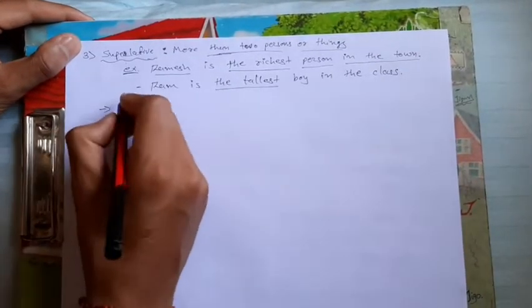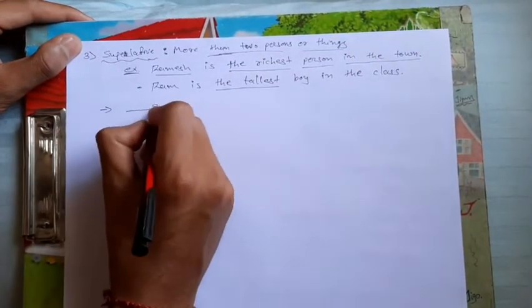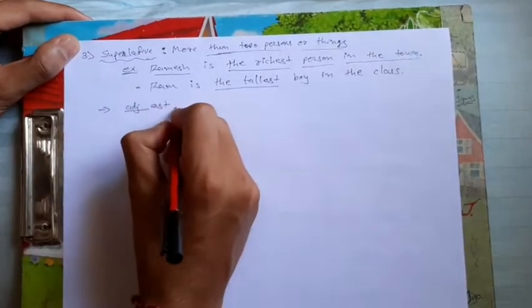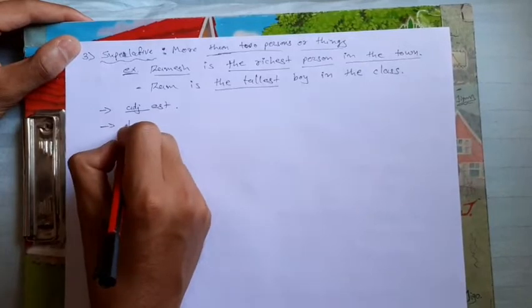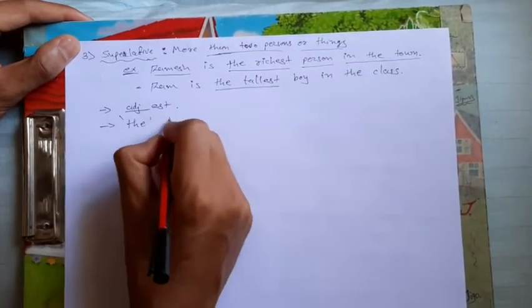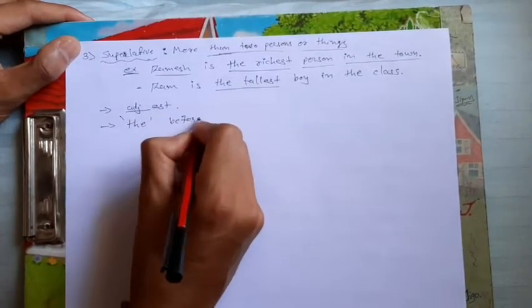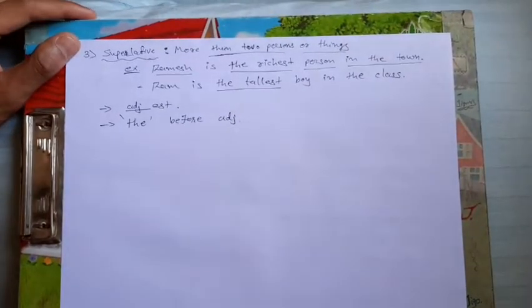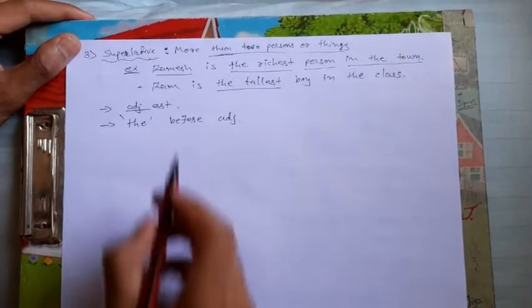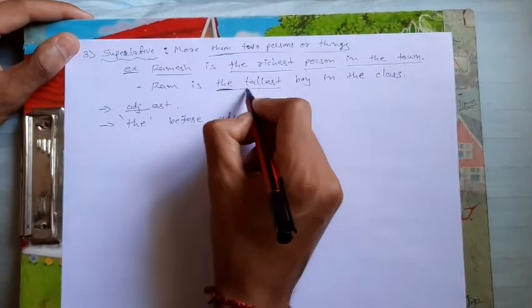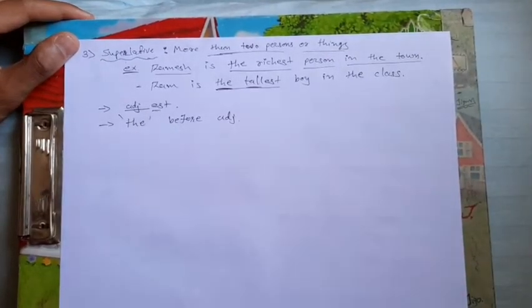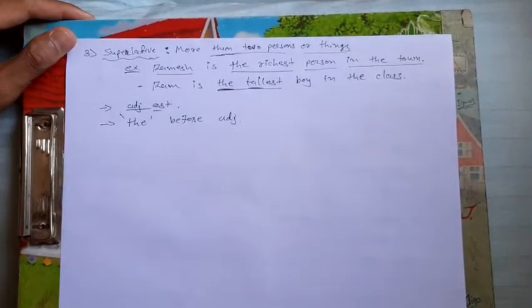Basically we add est after the adjective and we write the article before the adjective. So in superlative degree we write the article before the adjective and add est after the adjective.